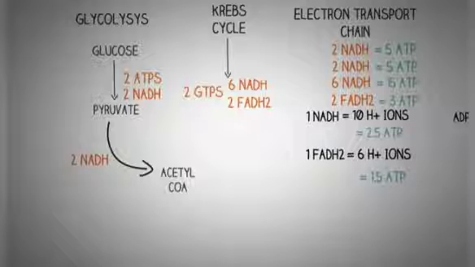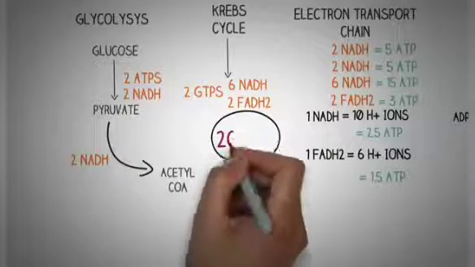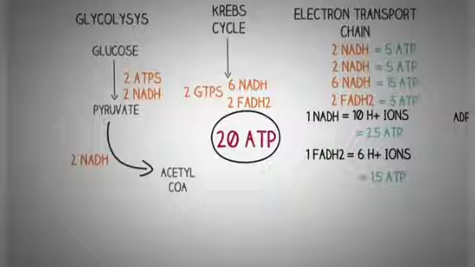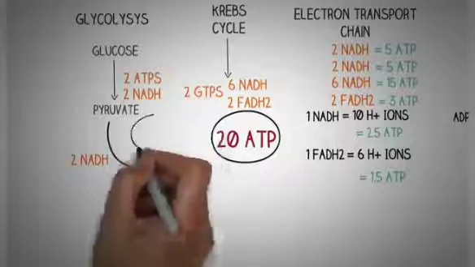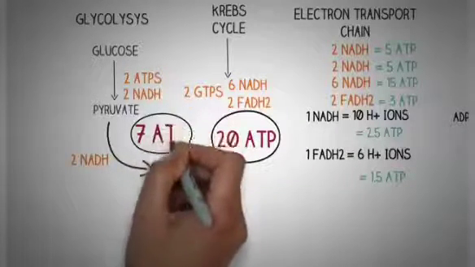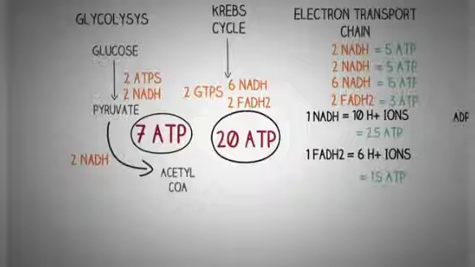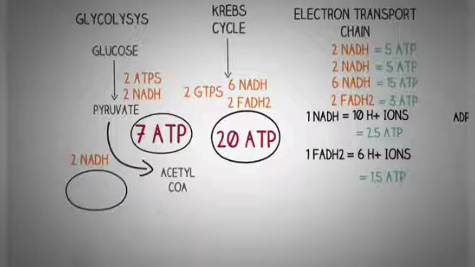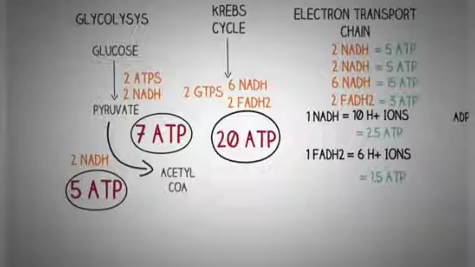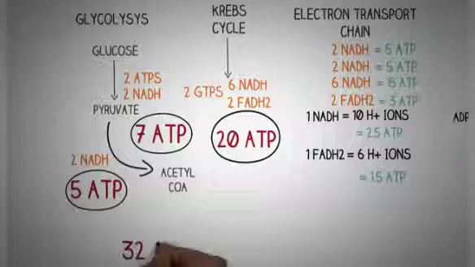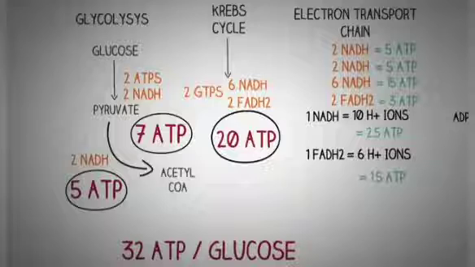In total, we get 20 ATPs from the Krebs cycle. We get 7 ATPs from the conversion of glucose to pyruvate in glycolysis, and we get 5 ATPs from the conversion of pyruvate to acetyl-CoA. In total, we have 32 ATPs per molecule of glucose which passes through all these biochemical cycles.